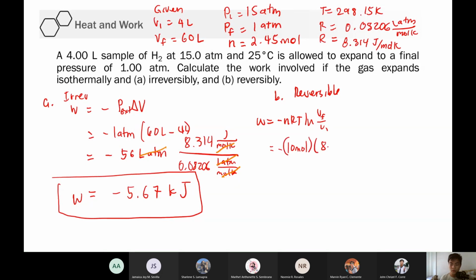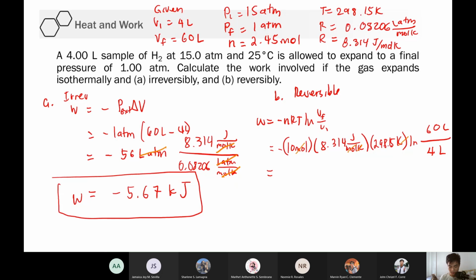R na gagamitin is yung naka-joule, per mole Kelvin. Temperature is 298.15 Kelvin. Ln final volume 60 liters, initial volume 4 liters. Plug them. Okay, yung mole magka-cancel, Kelvin magka-cancel.